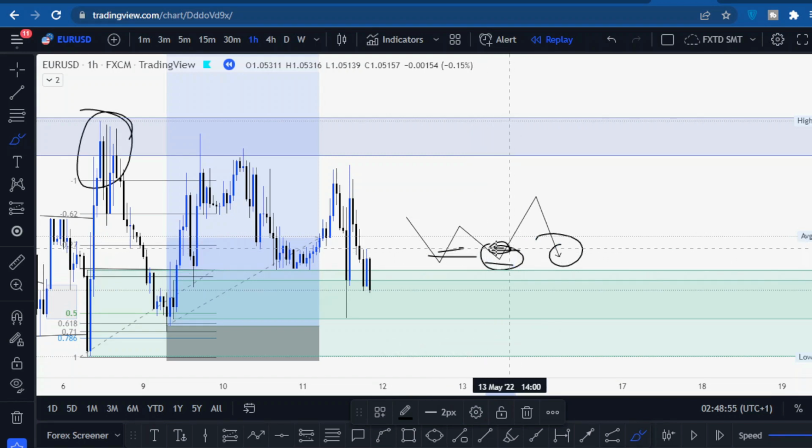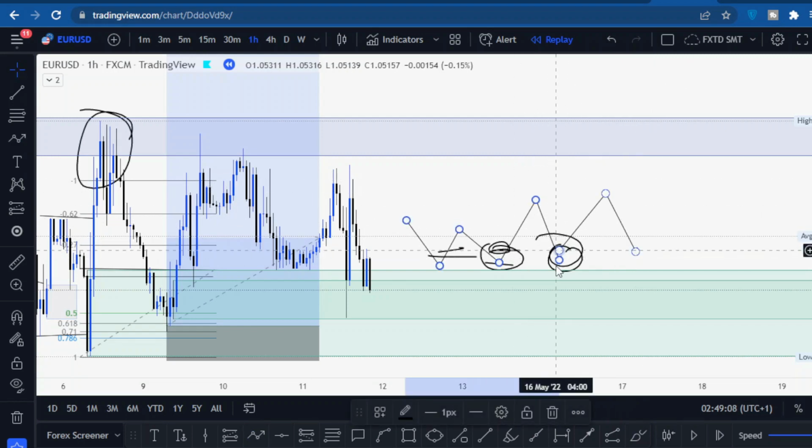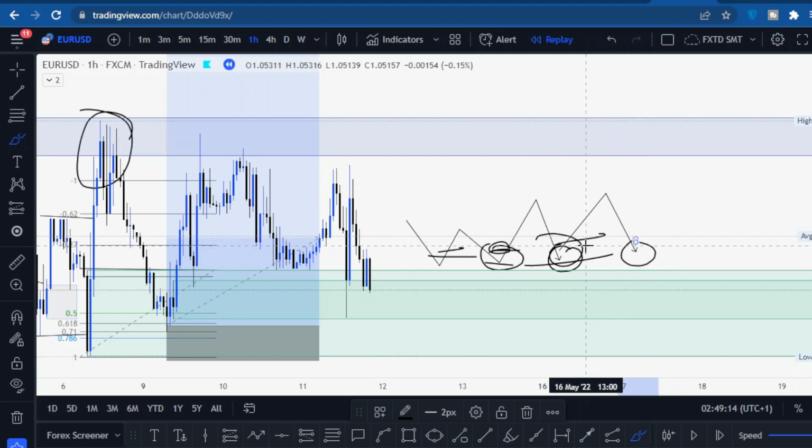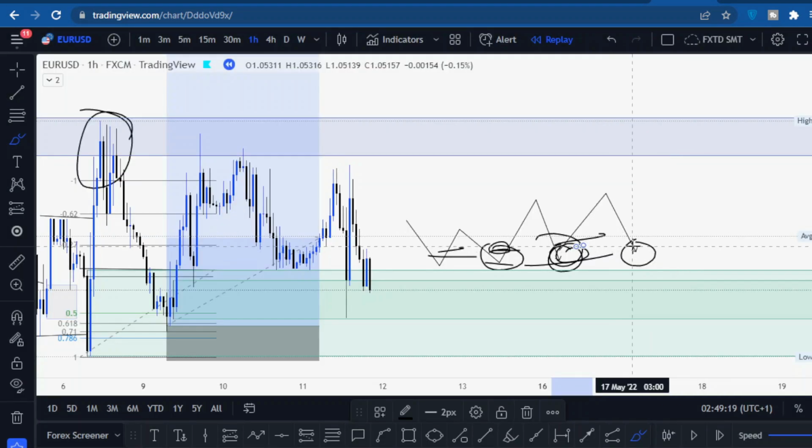Now this first mitigation is stronger than this one, and if price chooses to do something like this and come back, especially if it fails to break structure, this particular one is also weaker. So this one is weaker than this one. This one is weaker than this one, right? So this one is stronger than this one.